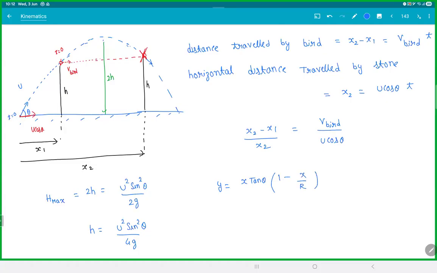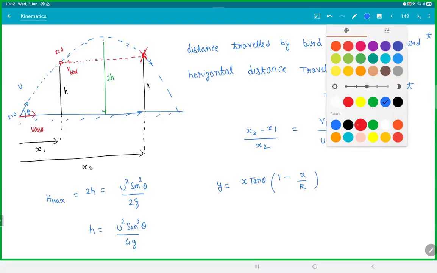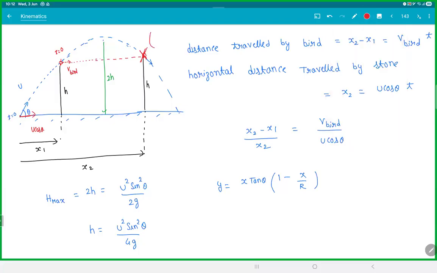Now if you substitute here, what is the y value here? When the bird is getting hit, this coordinate is x2 comma h. If you substitute the coordinates, this will be h. So let's just take any random coordinate here. H, and this would be your x tan theta minus x square tan theta by r. So we got a quadratic equation. So for this quadratic, we get two roots.